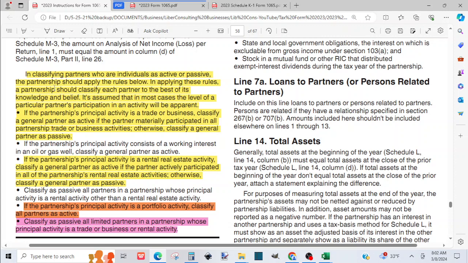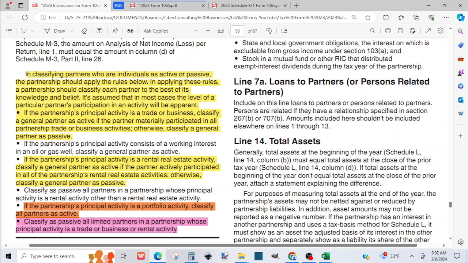So now here they say that in classifying partners who are active, who are individual, as active or passive, the partnership should apply the rule below. In applying those rules, a partnership should classify each partner to the best of its knowledge and belief.